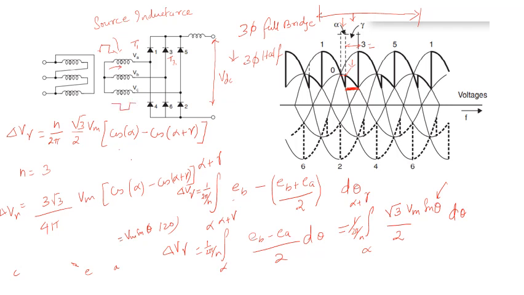When T4 conducts, there will be a negative cycle, right? And when this current gets reflected here, you will get some magnitude increased, and this type of current in your secondary side, the source current.